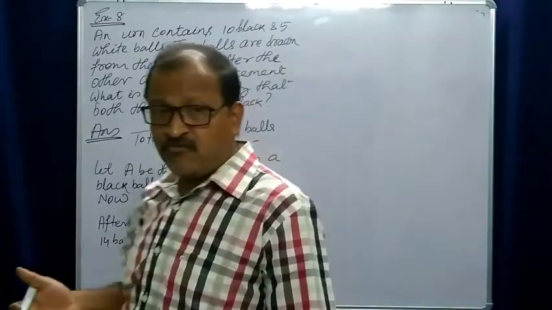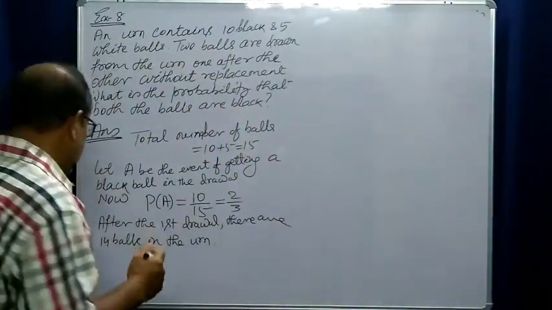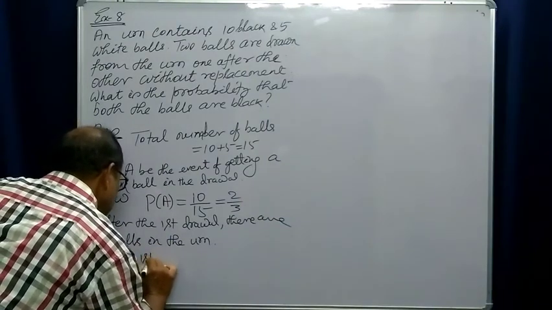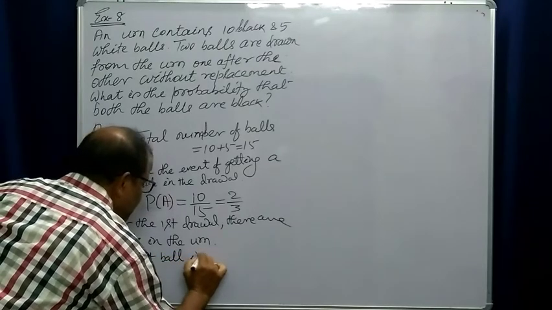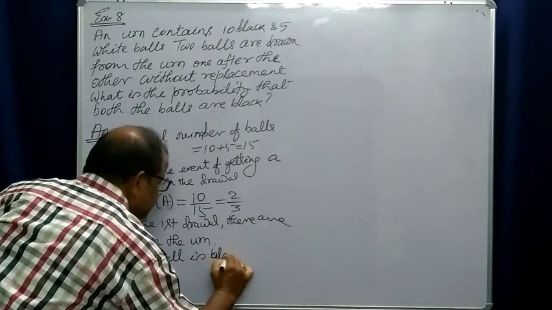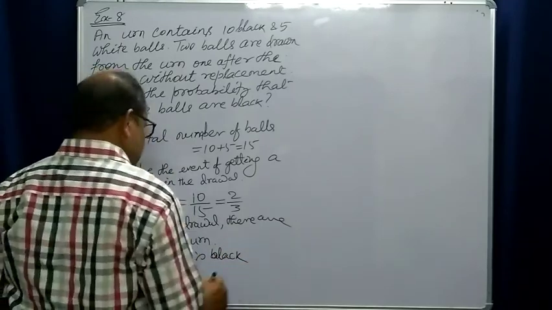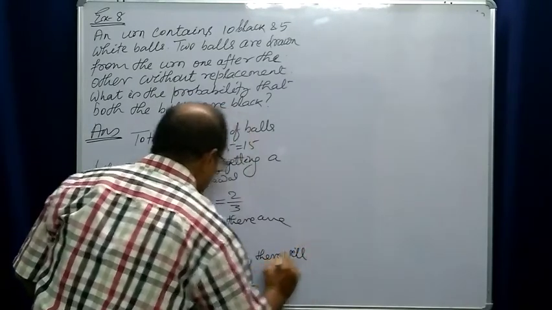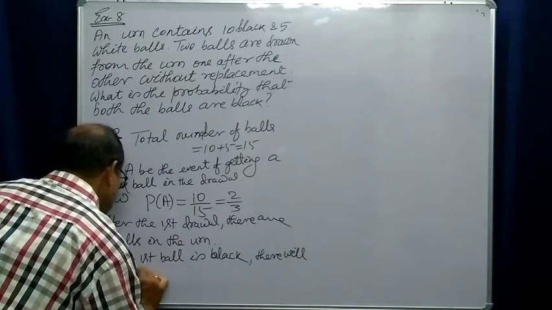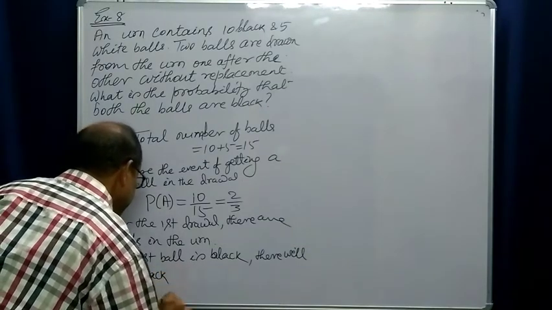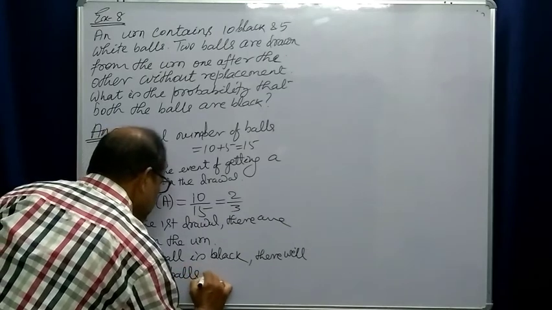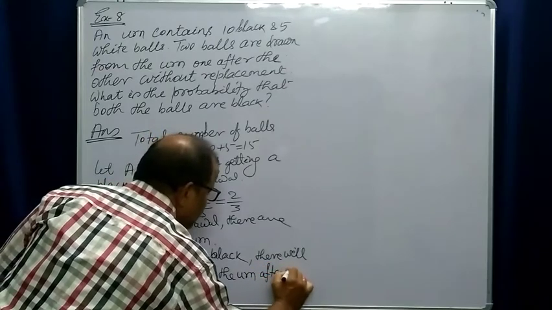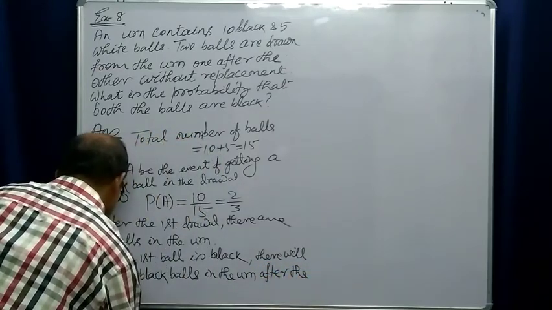So if the first ball is black, there will be nine black balls in the urn after the first draw.